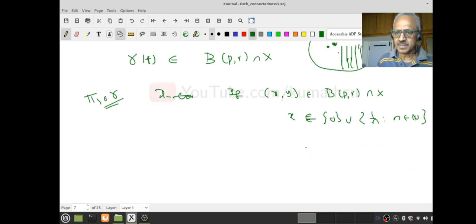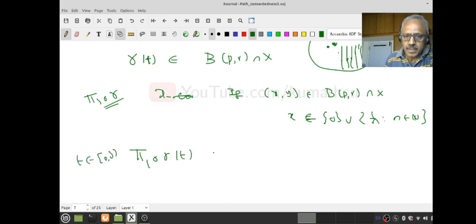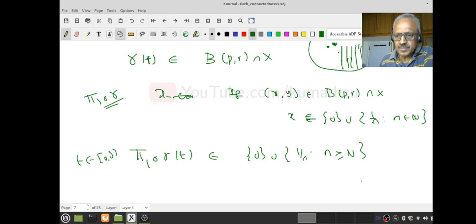Are you following? Therefore pi_1(gamma(t)) for t in [0, delta) lies in this set {0} union {1/n}. This n is actually greater than or equal to some capital N. That's because if you look at this picture, this is my p, then these are the ones.